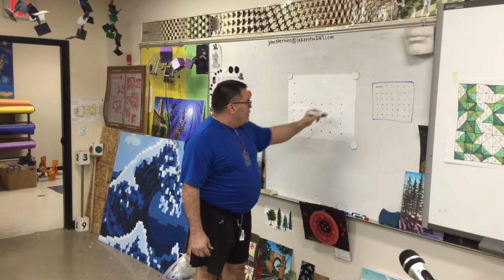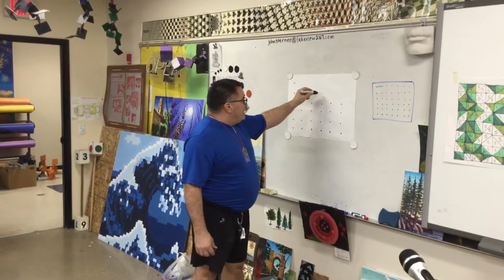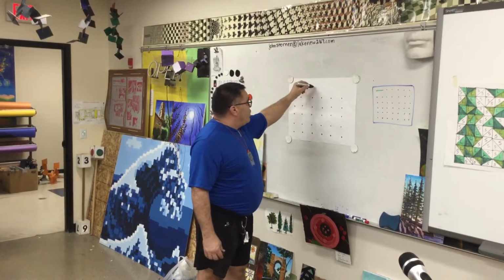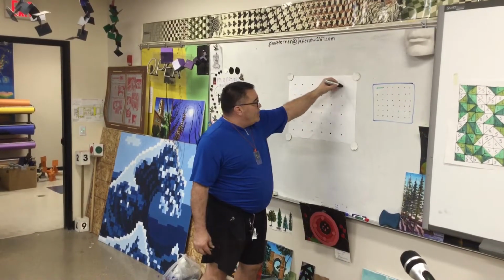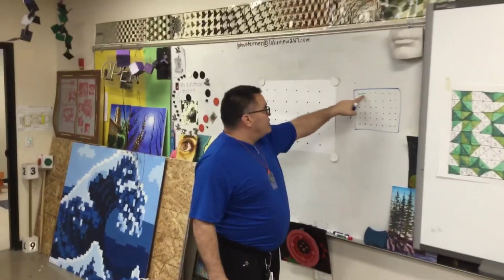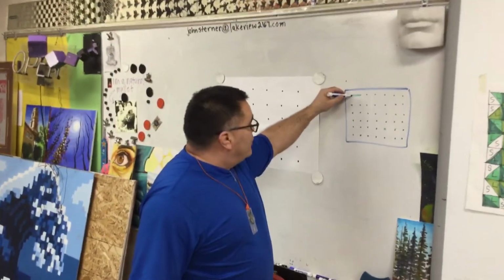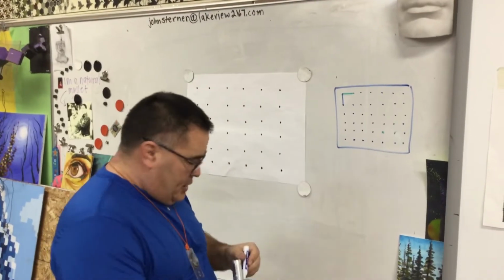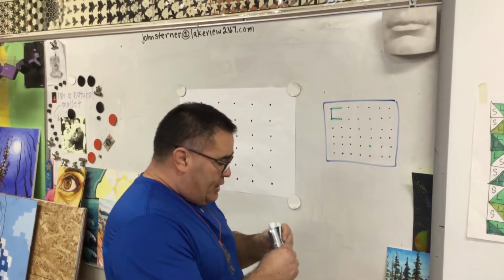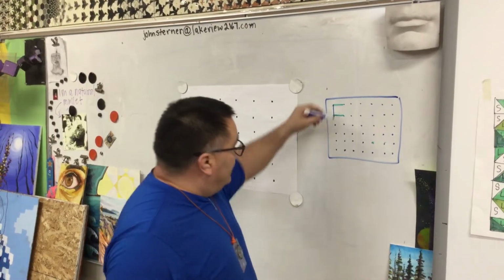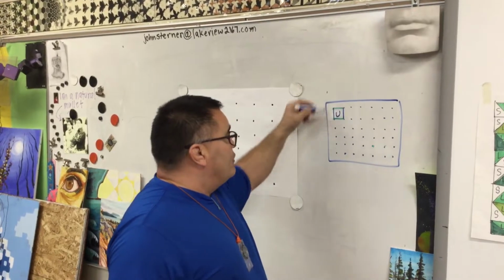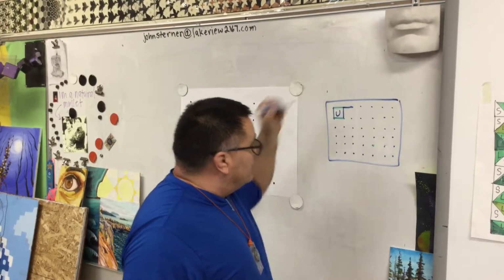Now, as I'm finishing my grid, I have to make a decision. Do I want to play squares or do I want to play triangles? Playing squares means that one person makes a line, the second person makes a line, then the next person makes a line, and whoever completes a square puts their initial in, and because they completed it, they get to make another line.